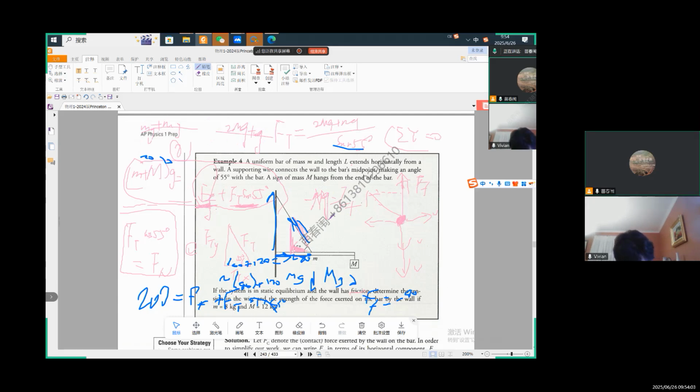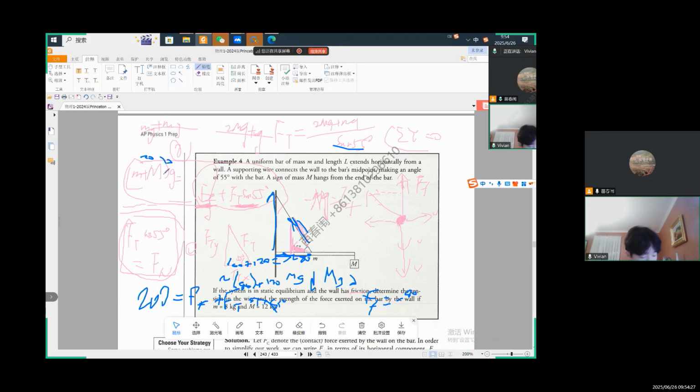What about the normal force? That's friction. The normal force is according to this: F normal equals Ft times cosine 55 degree. Then you have to just multiply everything.